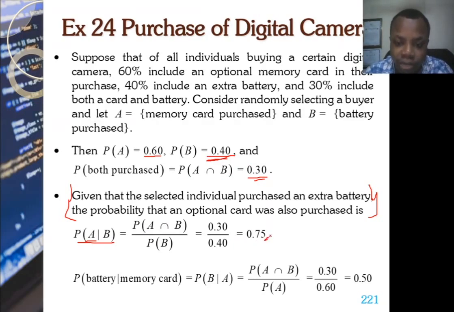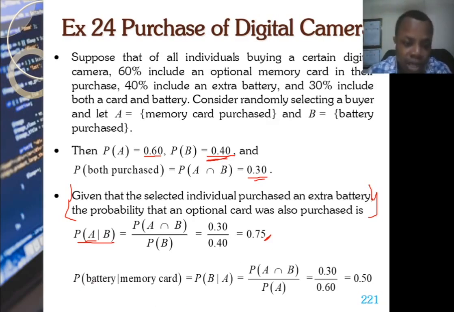Once we do that, we have 0.75. So this implies that the probability of purchasing a memory card, given that the individual has already purchased an extra battery, that is probability of A given B, is 0.75, meaning that there is a 75% chance that the person is going to purchase an optional memory card, given that he has already purchased an extra battery.